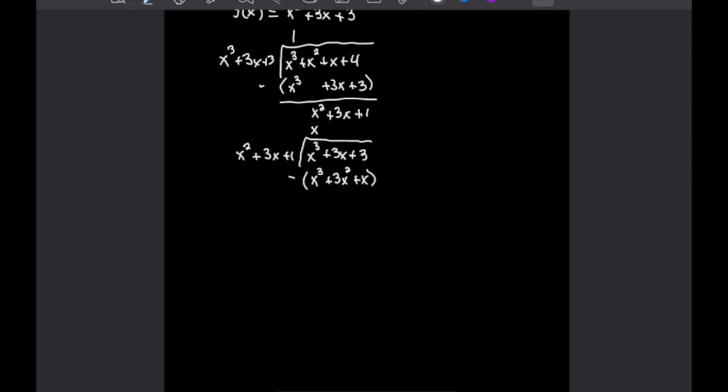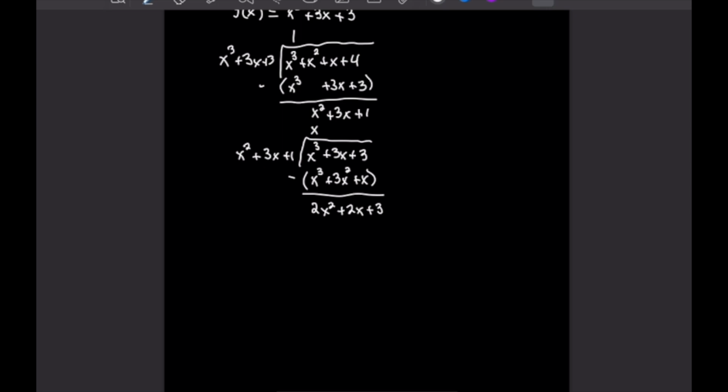So we will then group and subtract. So we can see our x cubes will cancel out, and we will get a negative 3x squared, but negative 3 is just 2, so we'll have 2x squared. And then we have 3x minus x, but that's just plus 2x. And then we can bring our 3 down, and we will have a plus 3 here.